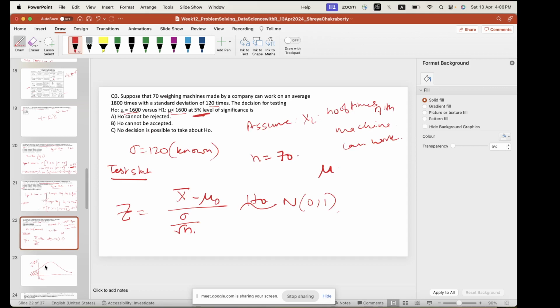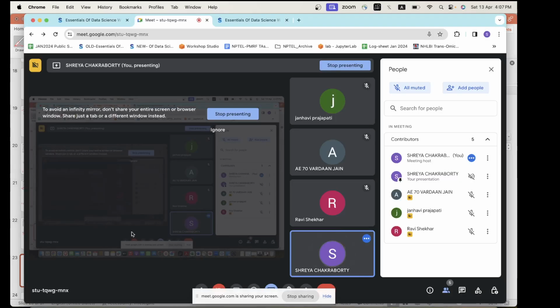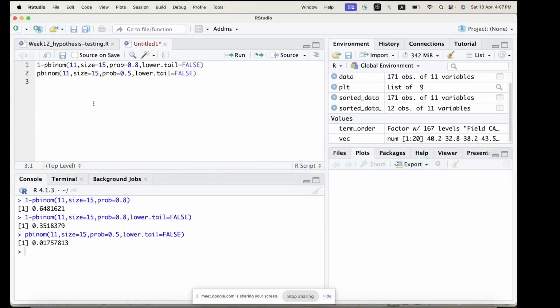So now let us find out this critical value. Not T critical, this should be Z critical. So what should this value of Z be such that the area below is 0.05? It is actually minus 1.64. And we can also find this out from here.